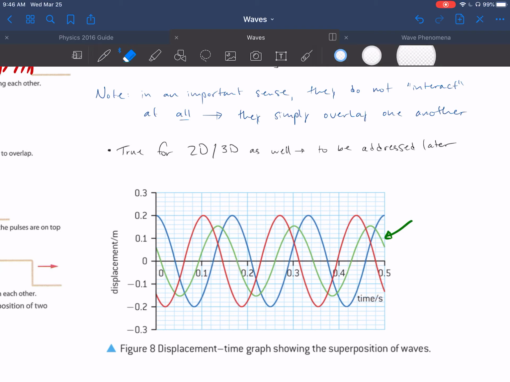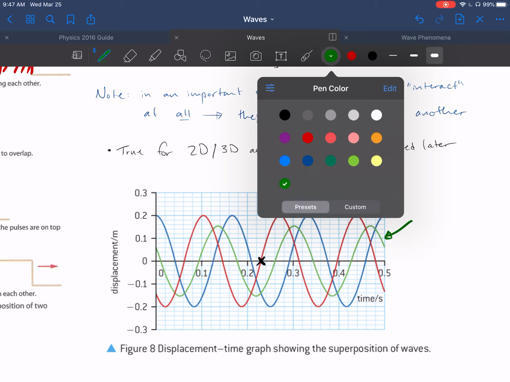And let's pick another interesting point here. How about this one? At this one, we expect the red wave, because it's at 0, to contribute 0 displacement. And so the blue wave should be the entirety of the displacement for the superposition of both.